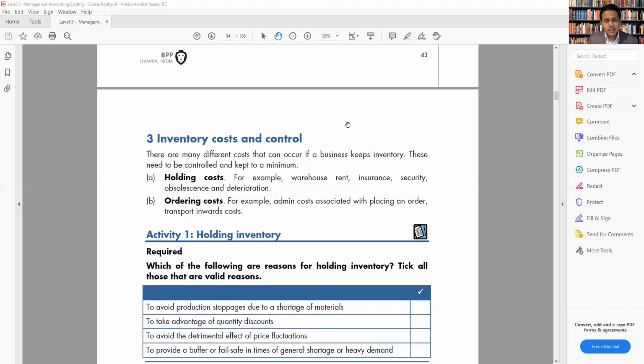Now, if your manager asks you, what is the reason you want to buy a lot of raw material at the same time? You will tell, that will save me the delivery cost, that will save me from demand shortage. For example, if there is a higher demand in the market, I don't have to wait for the delivery, I can use from the stock.